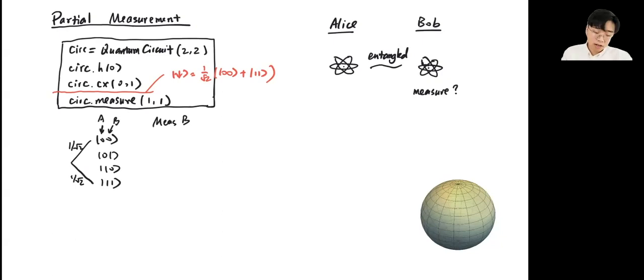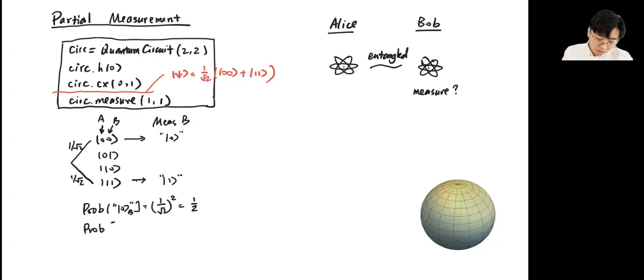Just by reading off the measurement outcome from each of the possible states, Bob would measure 0 for the first case and 1 for the second case. And we know the probability for Bob to measure a 0 is the square of the coefficients on that path, which is 1 over root 2. So Bob will measure 0 with half probability. Similarly, another half probability for measuring 1.